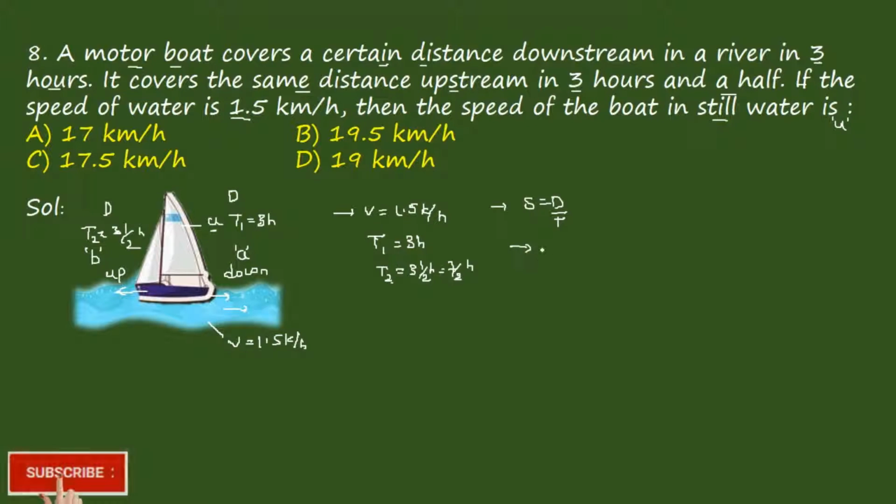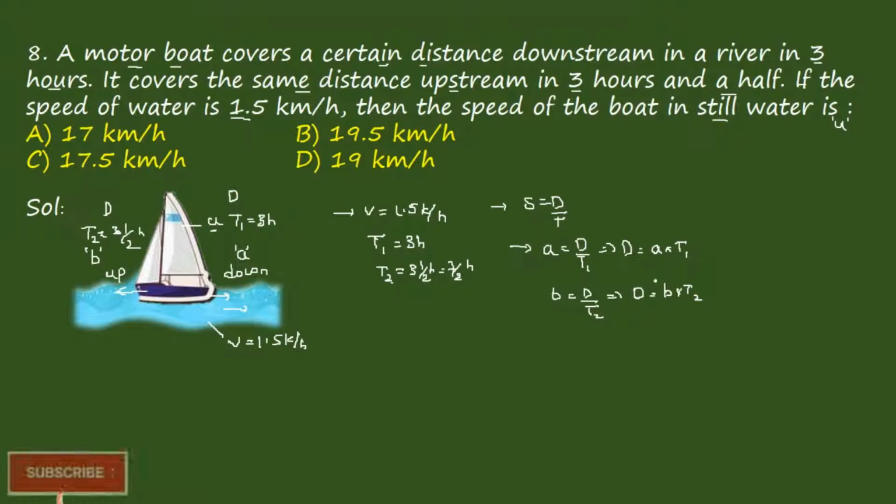So in the case of downstream, A is equal to D by T1, right. Then distance D is equal to A into T1, right. If we consider upstream, B is equal to D by T2. Then we get D is equal to B into T2, right.